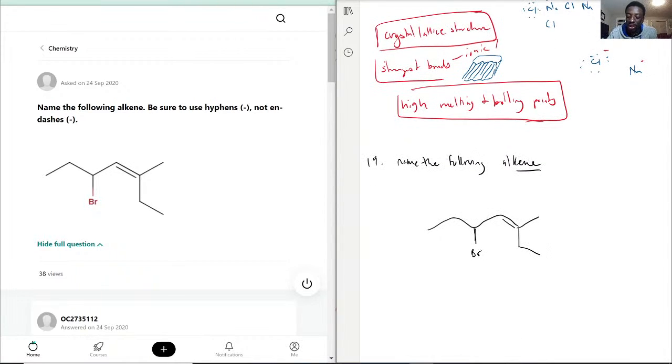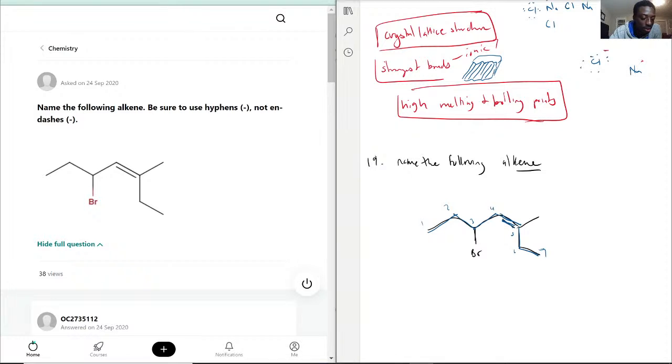We have the longest chain here. We go like this: 1, 2, 3. This chain, 6. Okay. So there's a double bond here, but point being is that we have 6 as our longest chain. Actually, whoops, definitely miscounted.